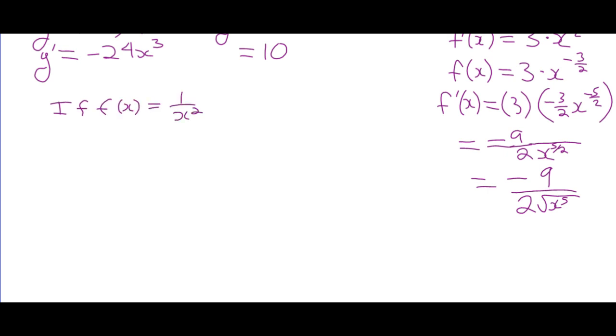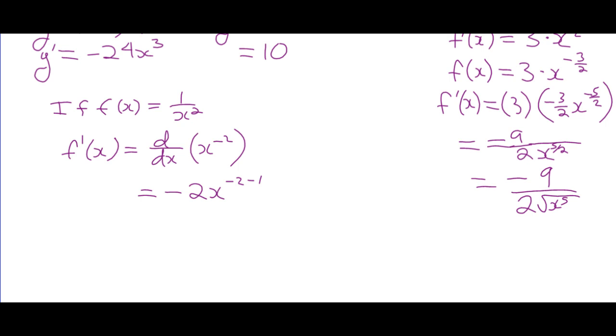So if f of x is 1 over x squared, then f prime of x is equal to d by dx of x to the -2. And this is just showing the differentiation operator, d by dx, right? So you can make this x to the -2, which is -2 x to the -2 minus 1.